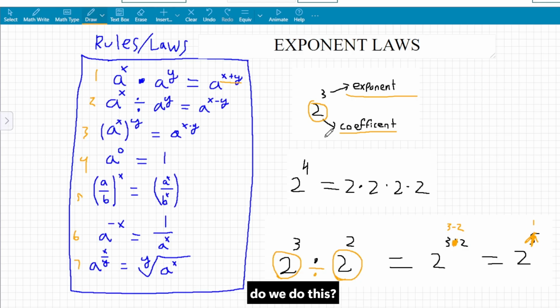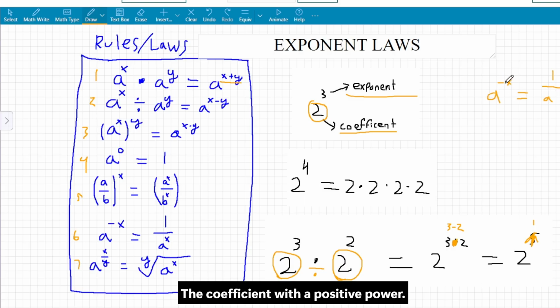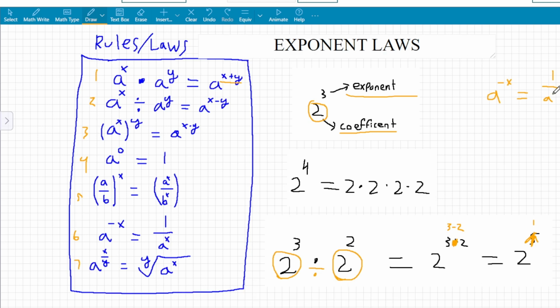So, how do we do this? If we look over here at exponent rule number 6, any number to the negative power of anything gives us a reciprocal: 1 over the coefficient with a positive power.